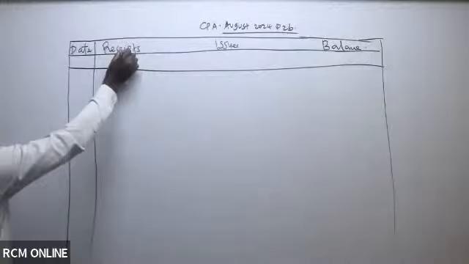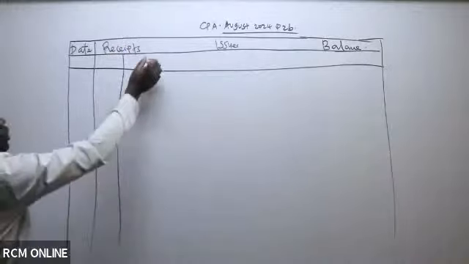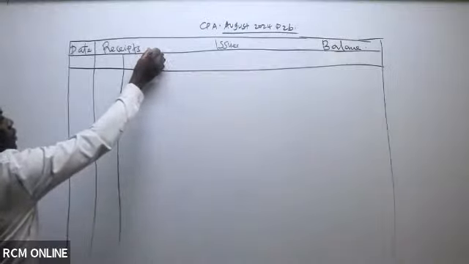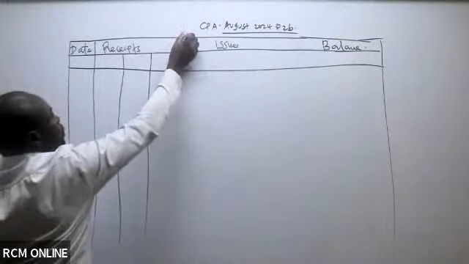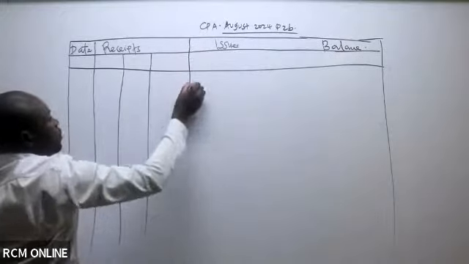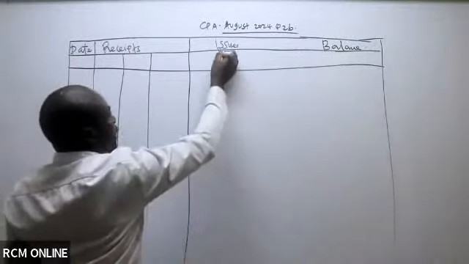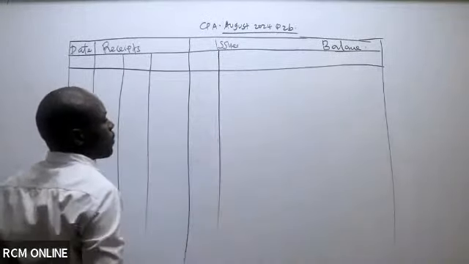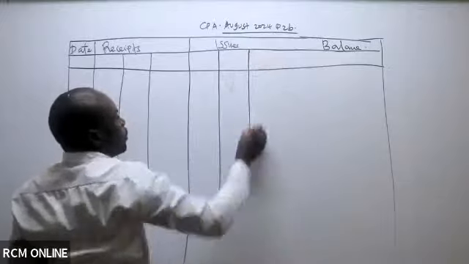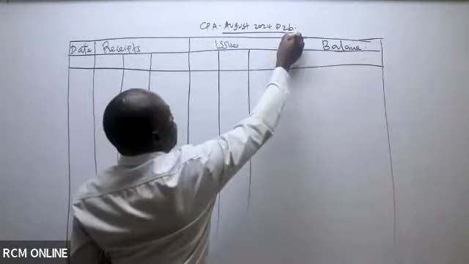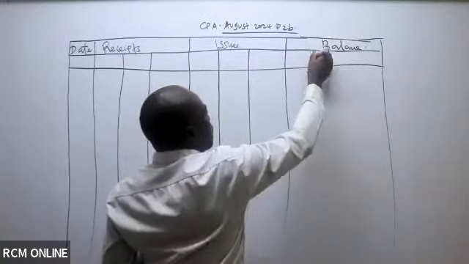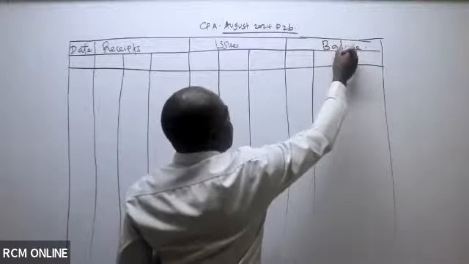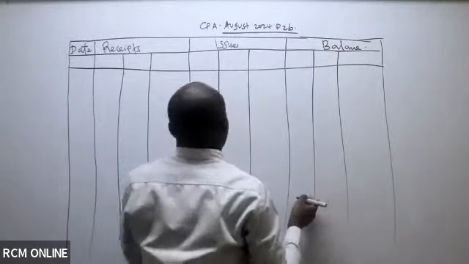We record the quantity, the cost per unit, then the amount. We come to issues, and we do the same: units or quantity, cost per unit, then amount. Balance, we look at the quantity, cost per unit, then amount, right?